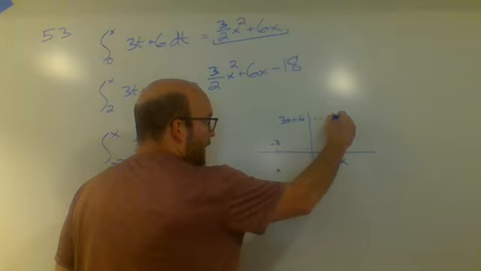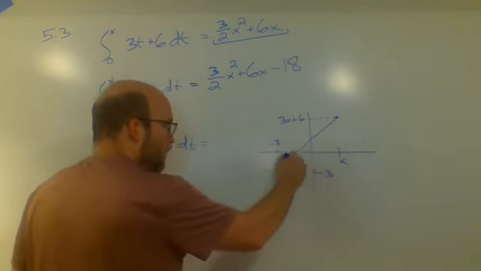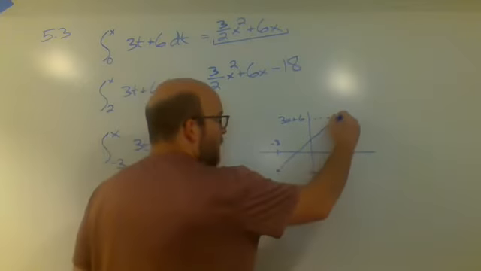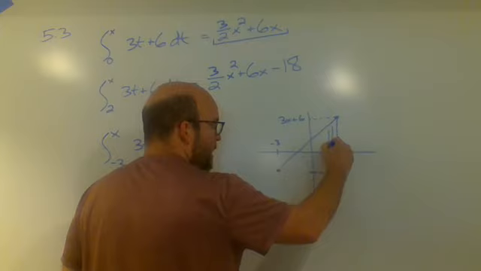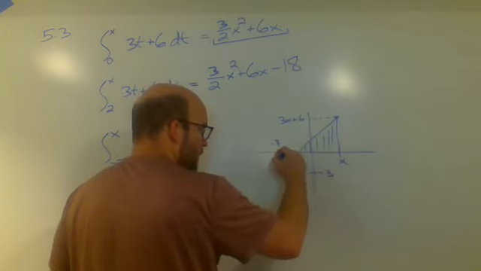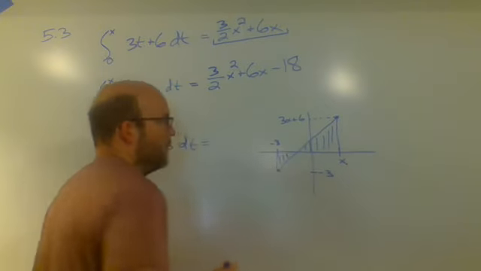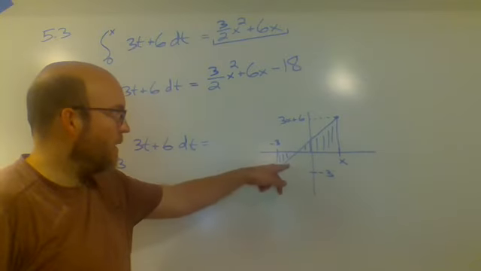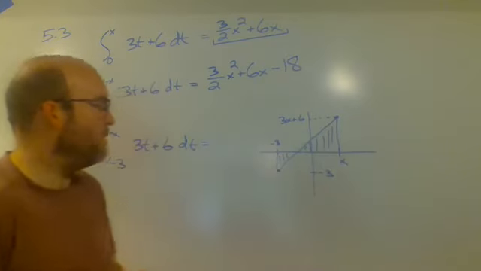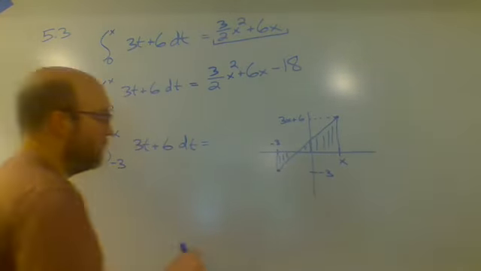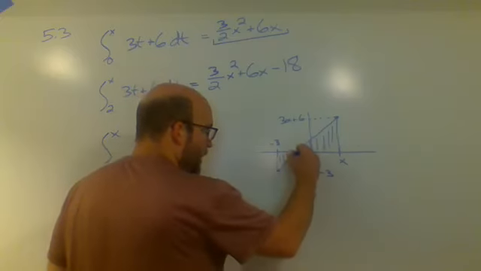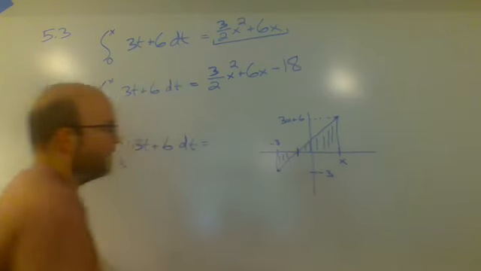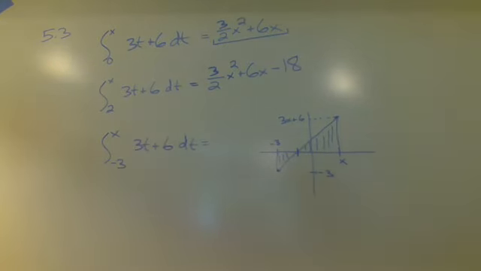And so what we have going on here, we're connecting those lines, and our net area is going to be combining these two triangles. And so remember that that's going to be a negative area and that's going to be a positive area. So we'll have to keep track of that along the way. And we're also going to have to know exactly where it hits the x-axis here so that we can know where the triangles start and stop.